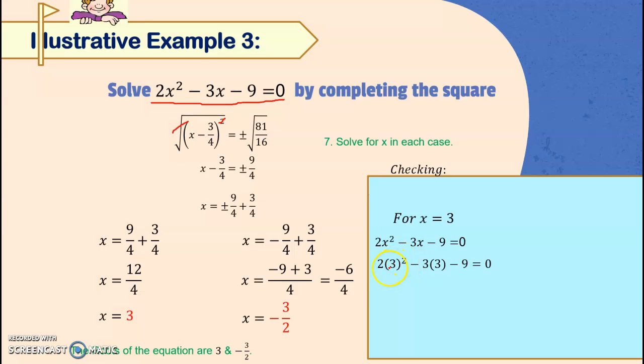Then, times 2, that's 18. Negative 3 times 3, that's negative 9. Copy the negative 9. If you combine this together, that is 18 minus 18, di ba? Which is basically equal to 0. Okay?